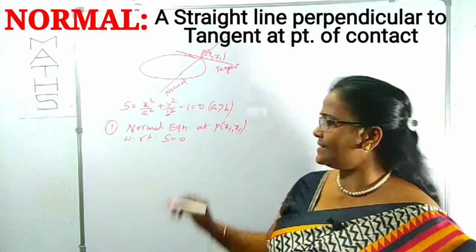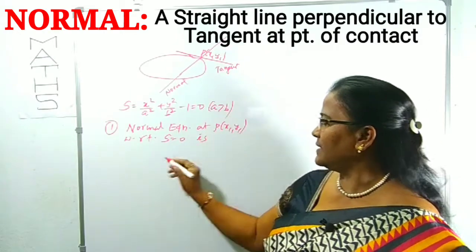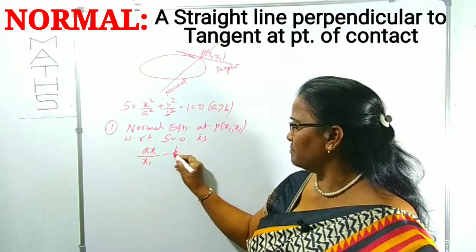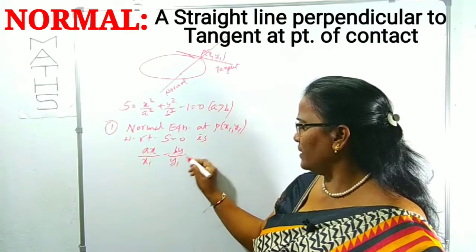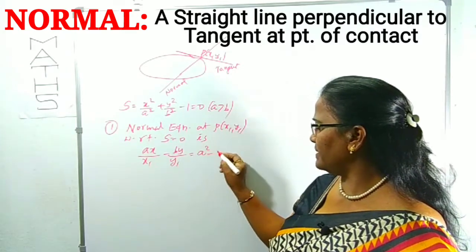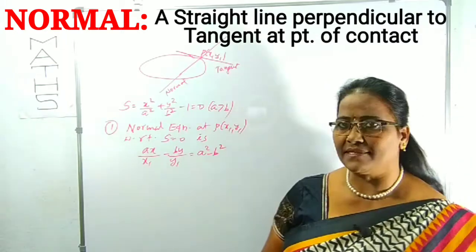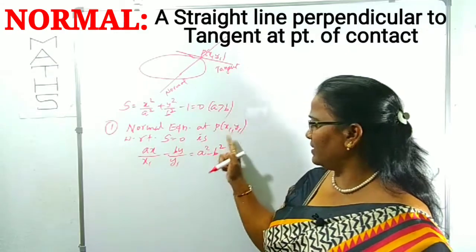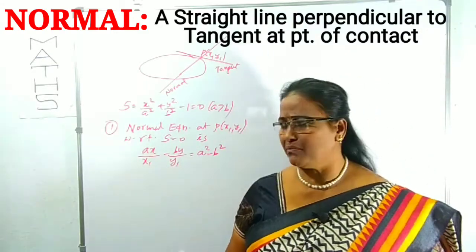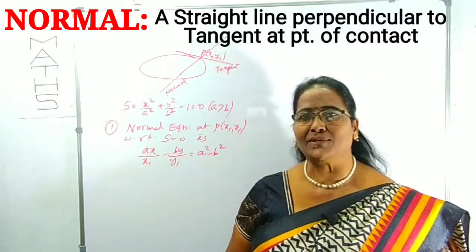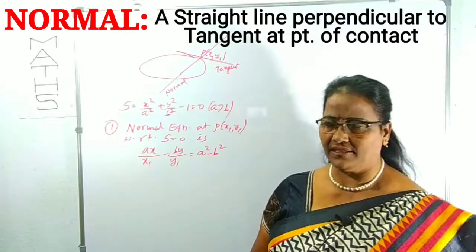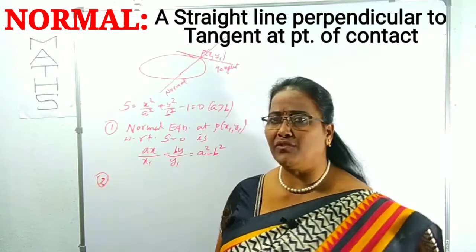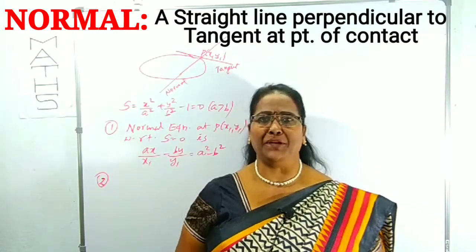It is a square x by x1 minus b square y by y1 is equals to a square minus b square. This is the equation of normal at the point x1, y1: a square x by x1 minus b square y by y1 is equals to a square minus b square. Clear?